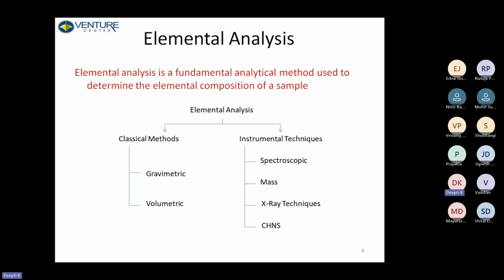Barium chloride is added to the solution and a precipitate of barium sulfate is formed, which is then dried and weighed. Calculations are done post the experimental part to determine the concentration of sulfate present in the sample. This is gravimetric.